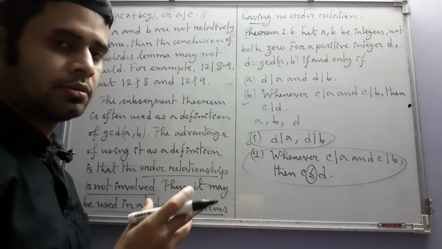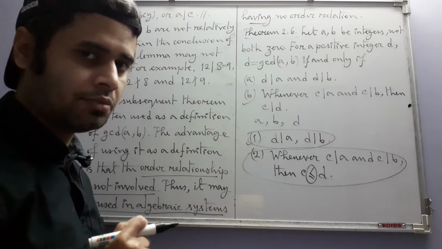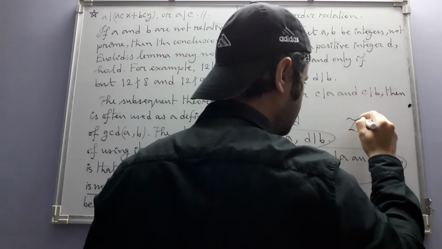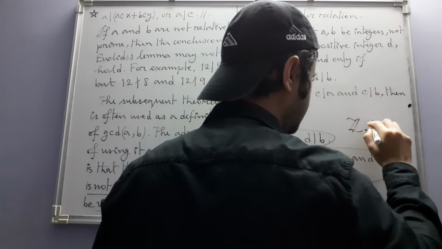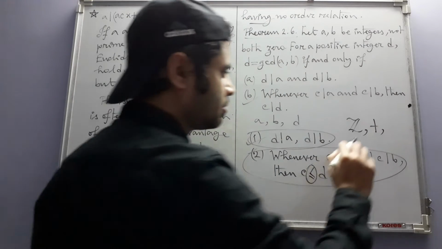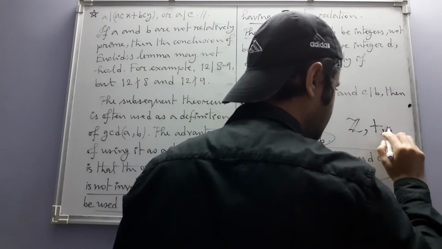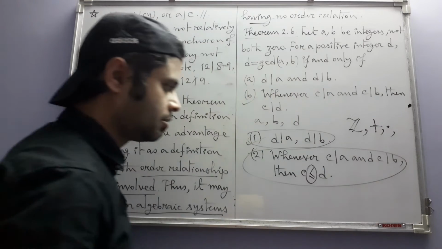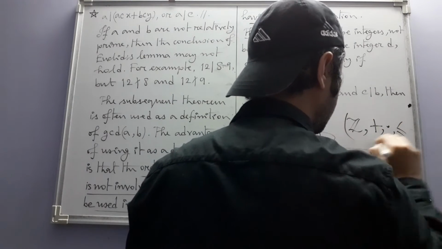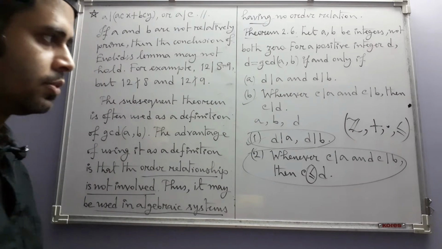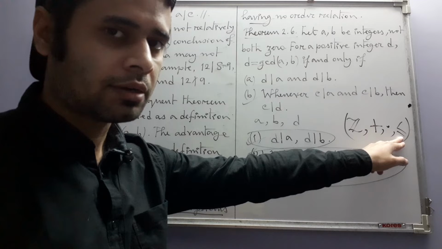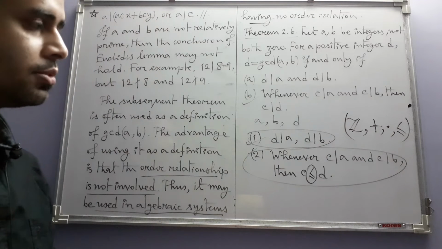Now the algebraic system that we are working in is the system of integers, which has the set of integers, the operation addition, the operation multiplication, and the ordered relation. This part, however, is not always available. There are other algebraic systems also.